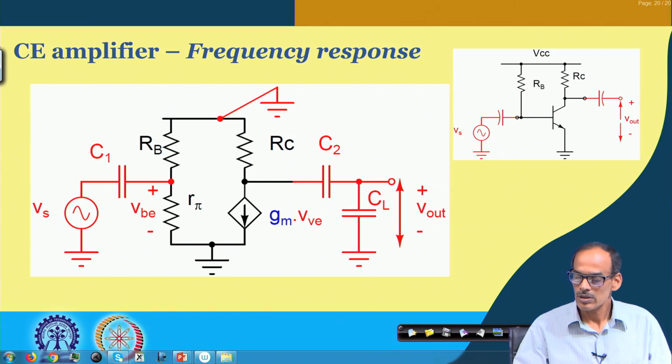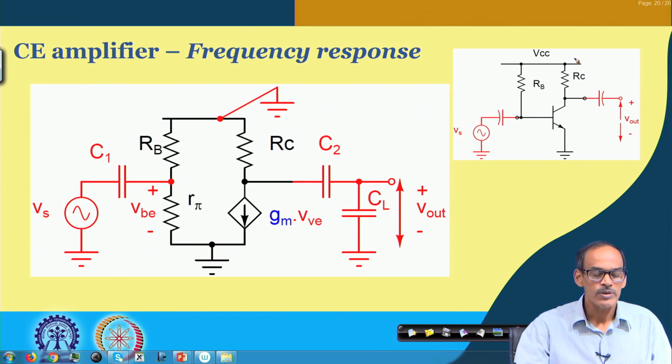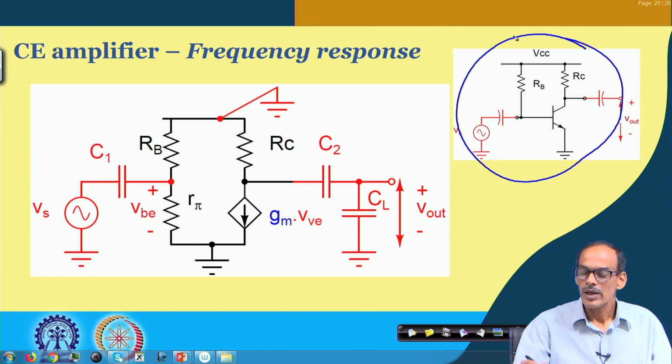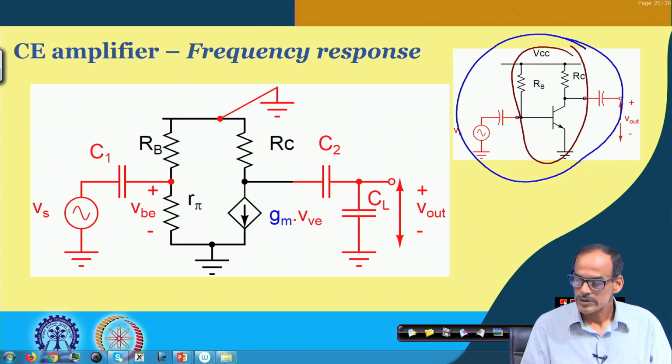So, you may recall the CE amplifier with fixed bias. The middle portion is the main amplifier, and it also has two signal coupling capacitors, C1 and C2.